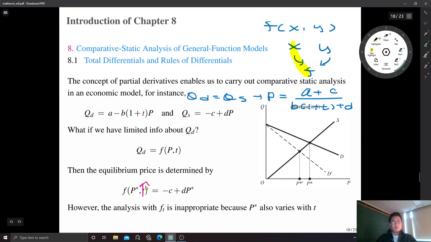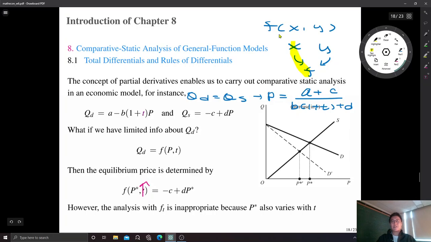So whenever we encounter this kind of model, now we have to open these two channels at the same time. So we have to consider the total variation of the function. Partial derivative bears on just the partial variation of this function because we block the other channel, right?